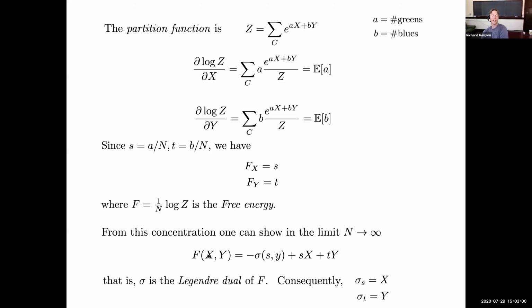And in that limit, the free energy is the Legendre dual of the surface tension sigma, in the following sense: the free energy f of x, y is equal to minus sigma of s, t plus sx plus ty, where s and t are equal to the derivatives of the free energy with respect to x and y.